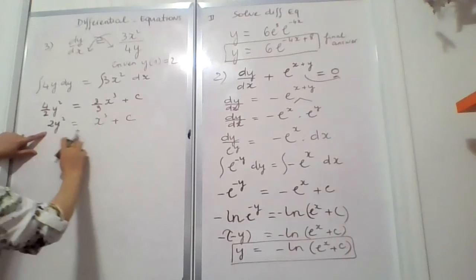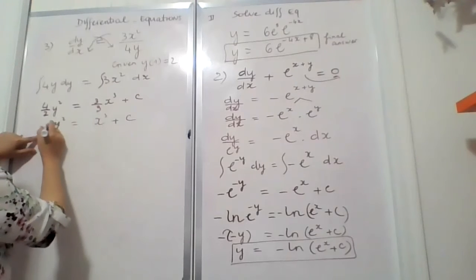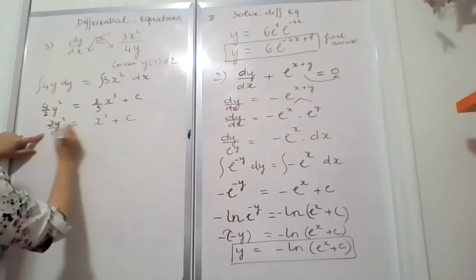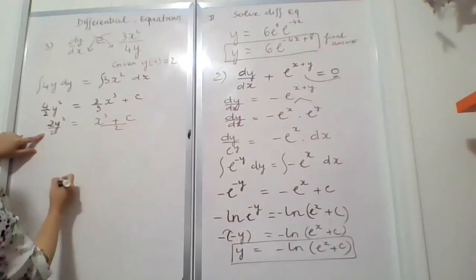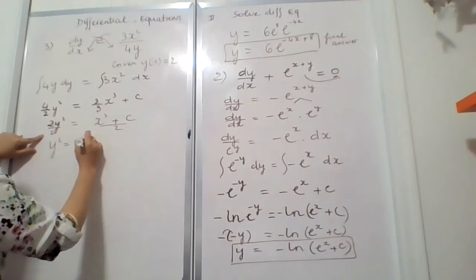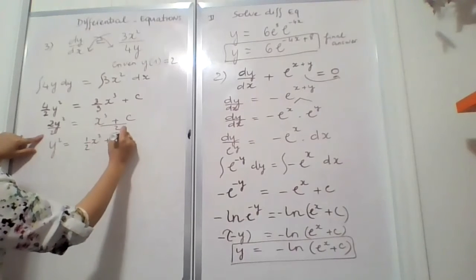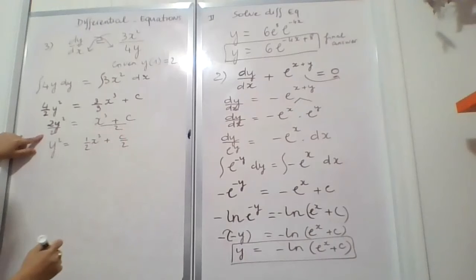Okay, so we have 2y squared and we don't want 2y squared. We just want 1y squared. So we divide both sides by 2, right? So we got y squared equal 1/2 x to the power 3 plus c over 2. Let's separate them for now.